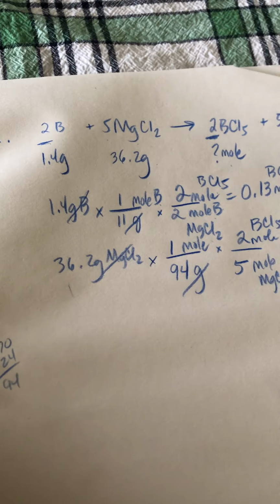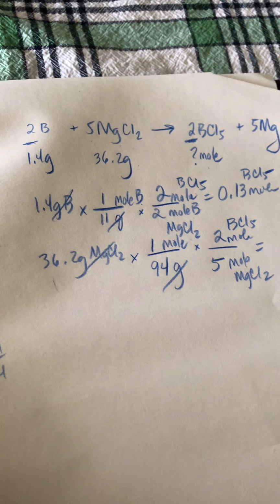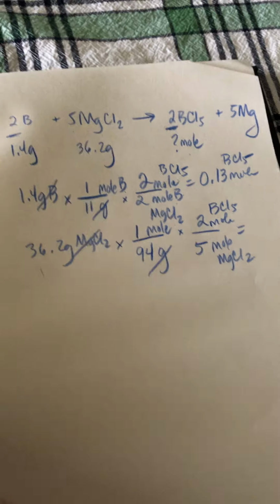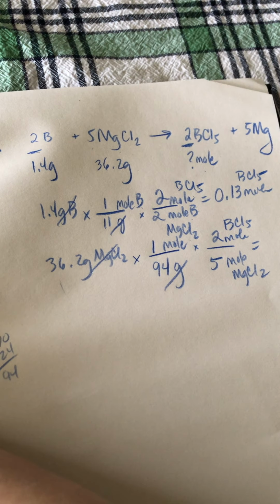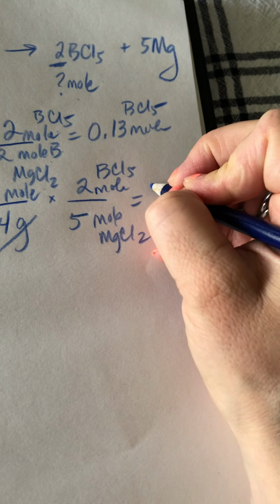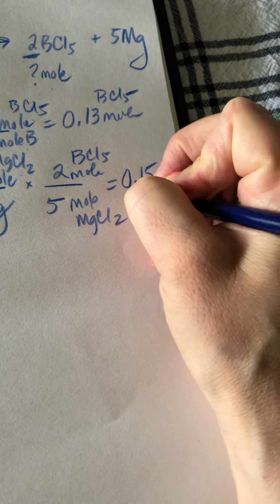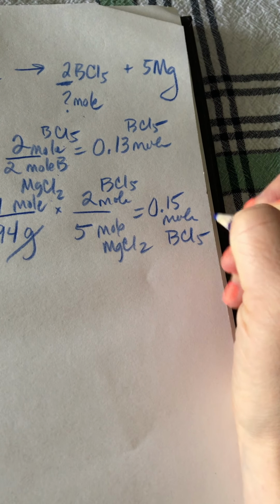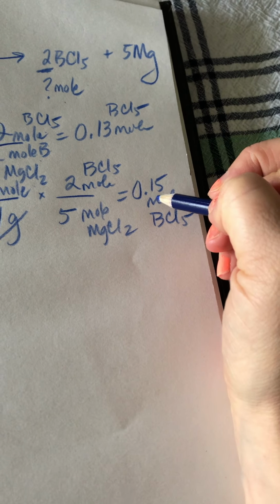And then we'll do the other calculation. 36.2 divided by 94 times 2 divided by 5. And that gives you 0.15 moles of BCl5. So which one's smaller, 0.13 or 0.15?